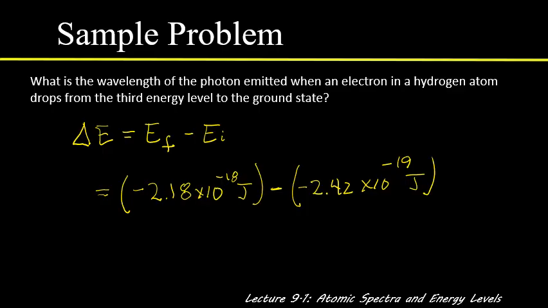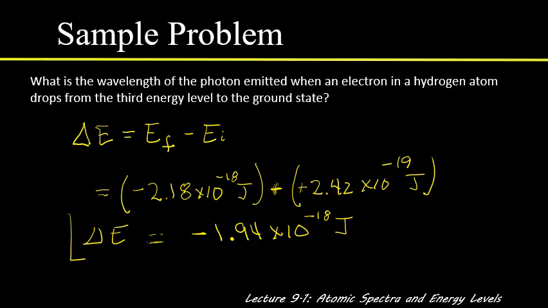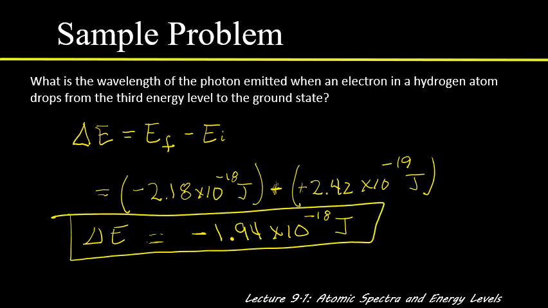We've got a minus, so we can just make that plus. And then when we do the math on that, we'll get negative 1.94 times 10 to the negative 18 joules. And that was negative as we expected. So that's a good sign.